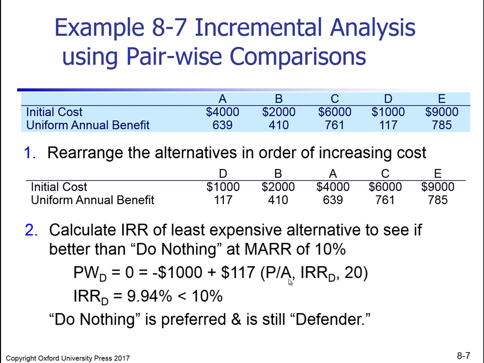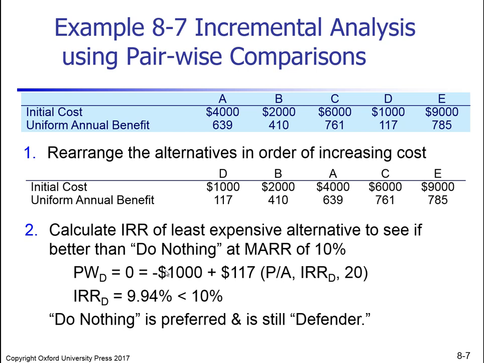If you solve for this, you put 1,000 over to the left-hand side, add that to both sides, divide by 117, and then figure out what interest rate will give you a P given A value for 20 periods of 1,000 over 117. You can do that using some interpolation, or you can just directly solve for the interest rate given the formula for P given A.